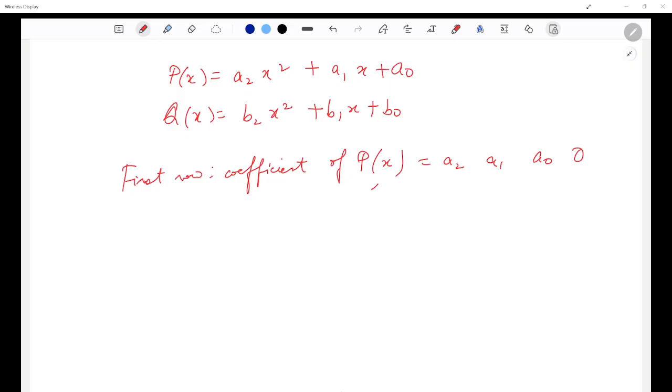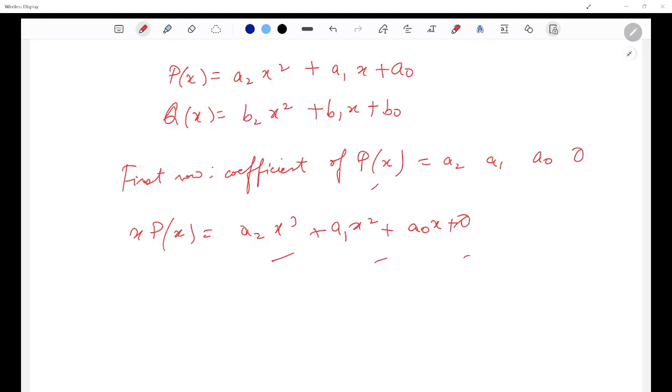If we shift it, that means we multiply x into P(x), which is a2 x cubed plus a1 x squared plus a0 x plus 0. So it would be shifted. After shifting, we get the following.